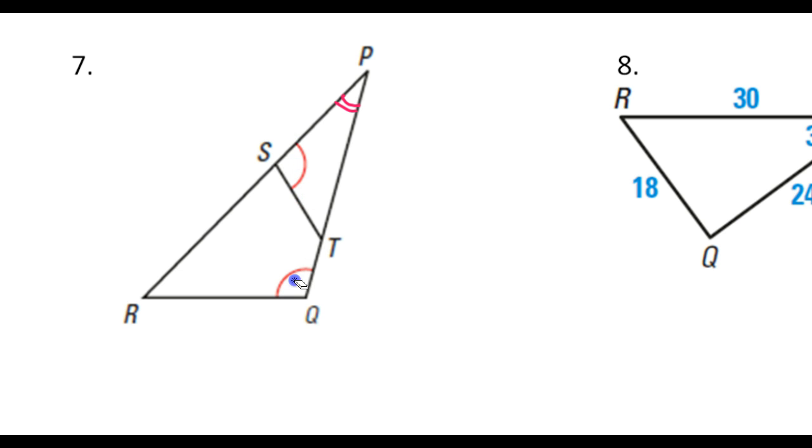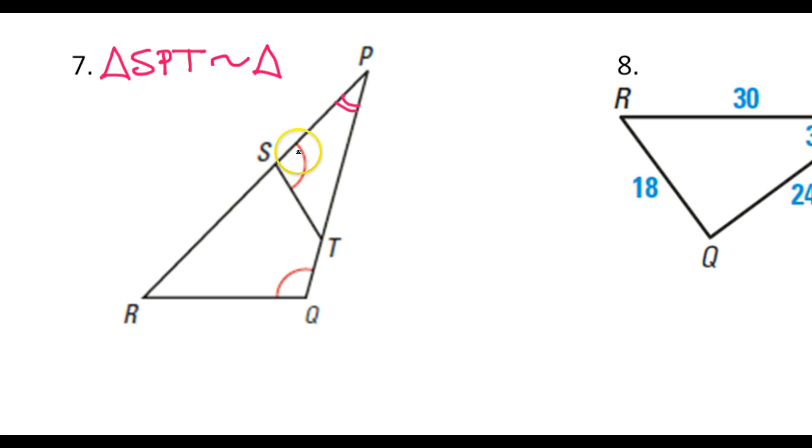Alright, you've got the Q and the S and the P and the P. So now be careful how you do it. I'll do this small triangle first. So if I say triangle SPT is similar to triangle, now I have to be very careful.